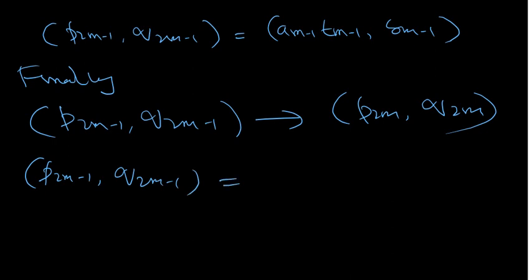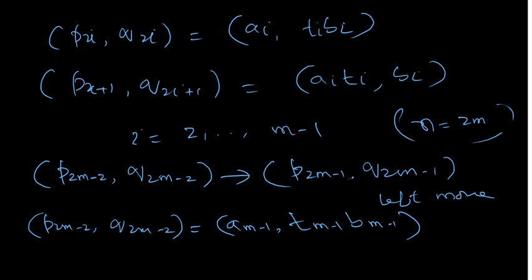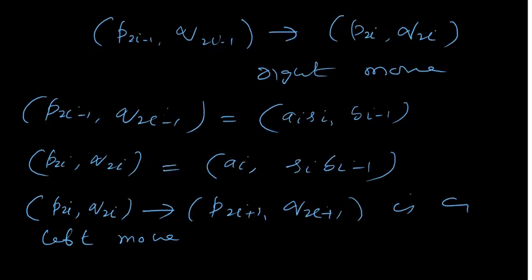A right move means that we have factorization for this. I have done this for the general transition P2i minus 1 Q2i minus 1. It means this is AISI, so it will be AMSM here.